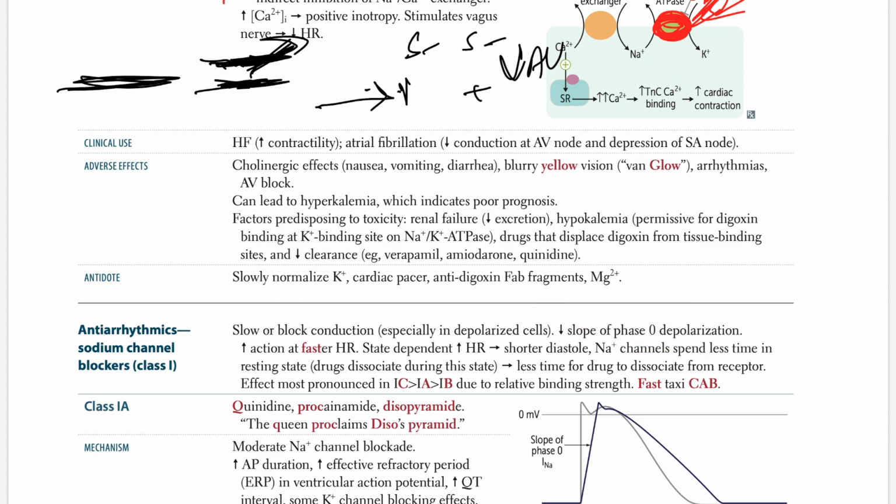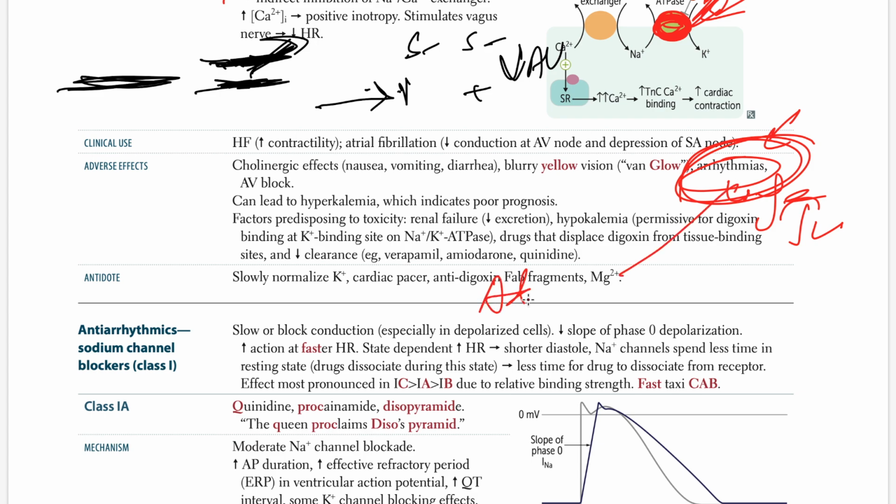We talked about arrhythmia, as this is one of the things that is life-threatening. Life-threatening arrhythmia can happen with digoxin. So how do you treat that? You administer phenytoin.